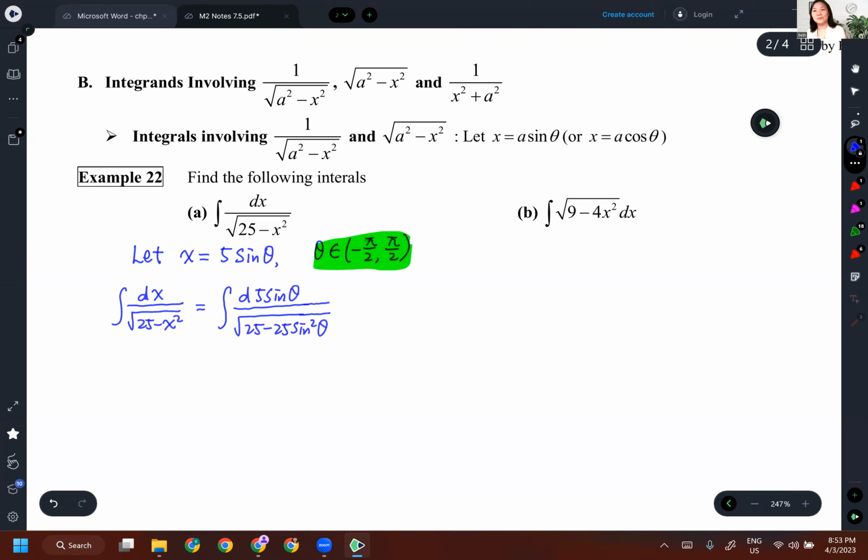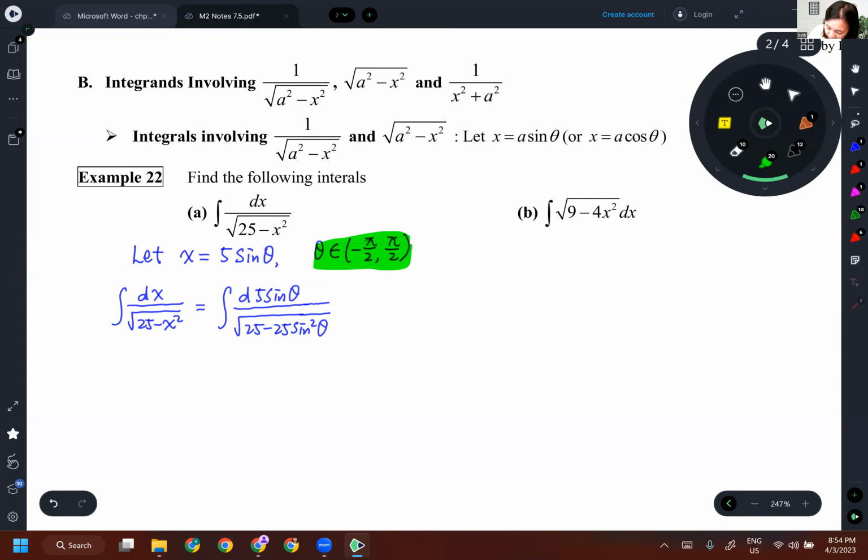That's my substitution. Do you see the difference with the substitution? The only substitution I did here is this one. I changed dx to d. This is different from the previous substitution in that this one is so simple. I just replace x with 5 sine theta. It's so easy to do.